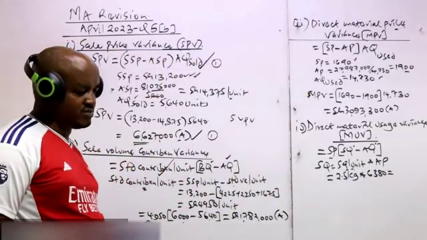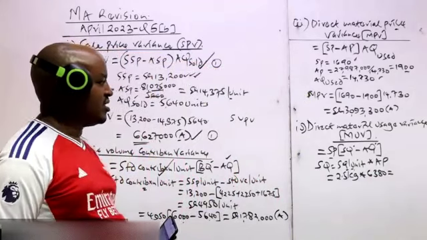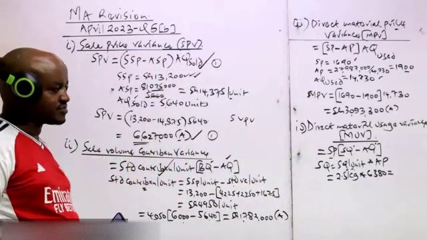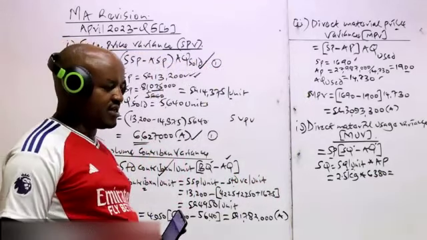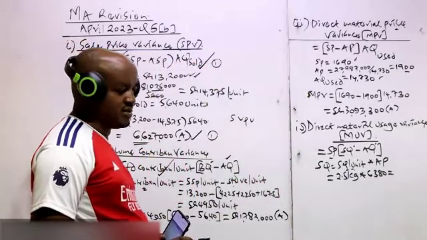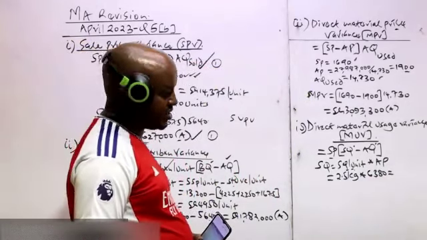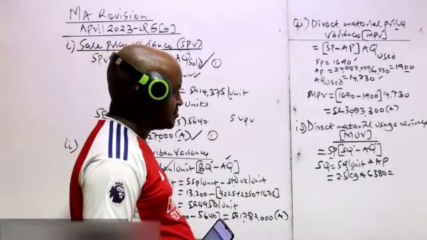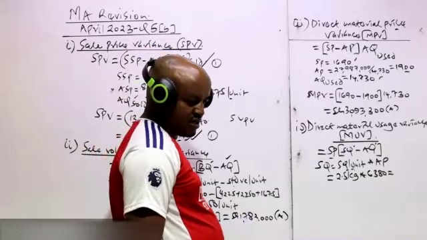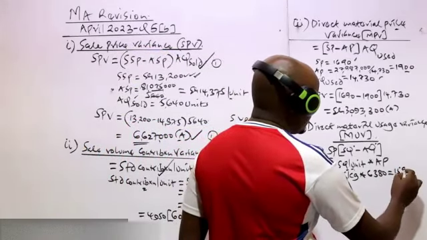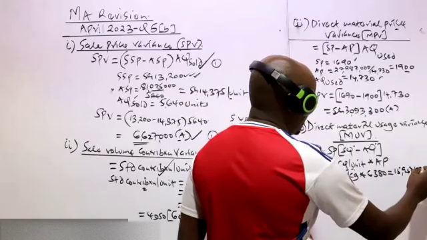So this will give us the standard quantity, 2.5 times 6380, which is 15,950 kgs.